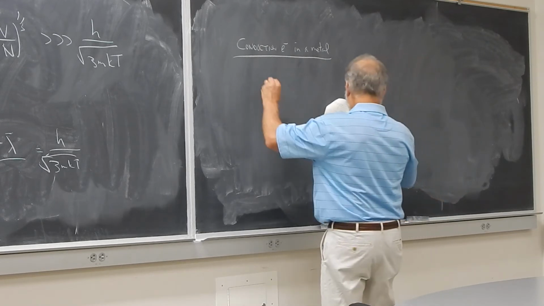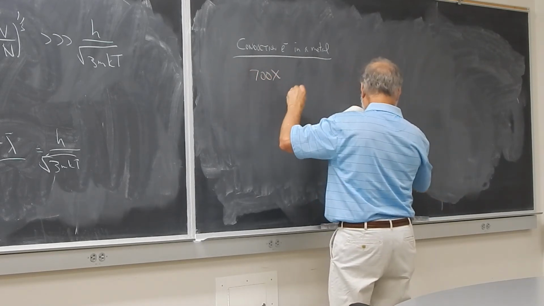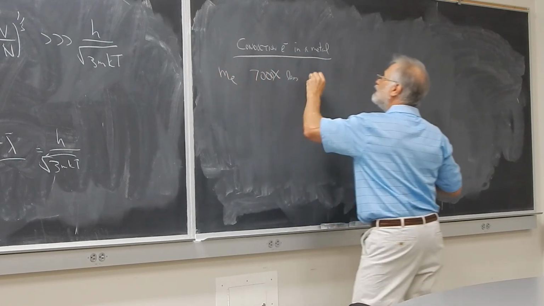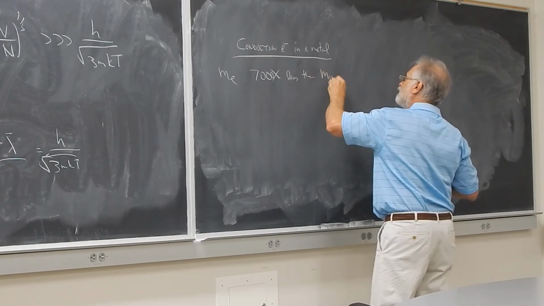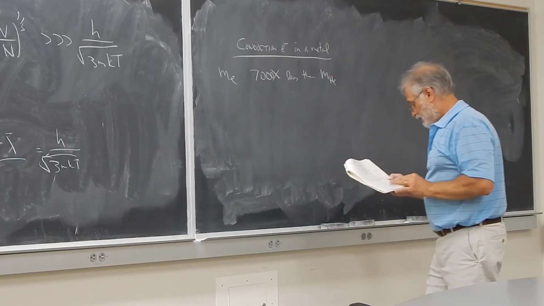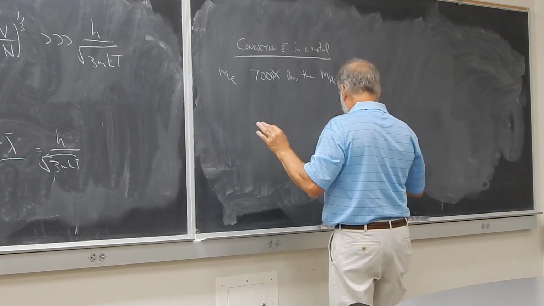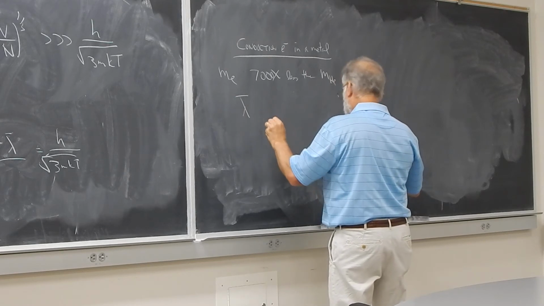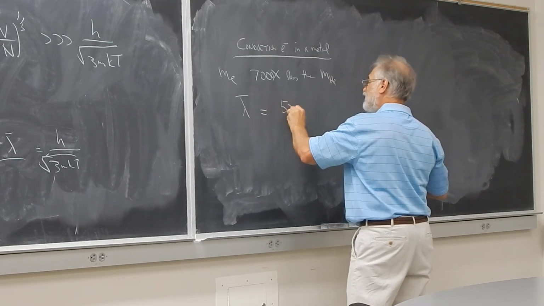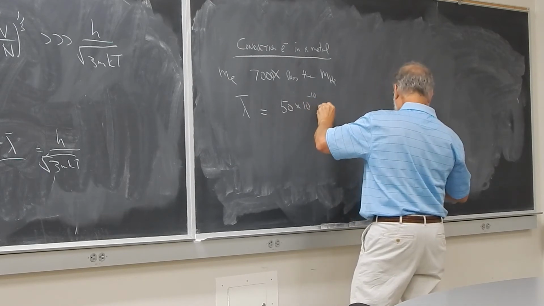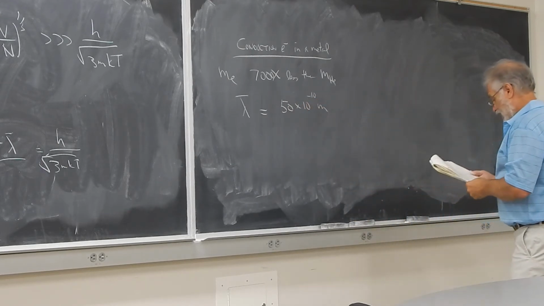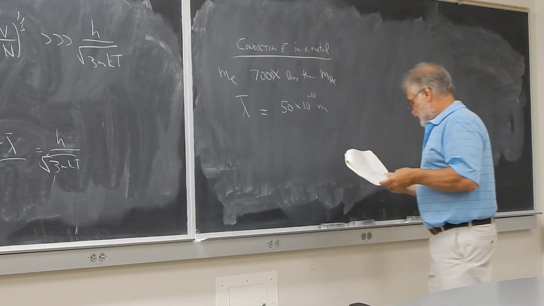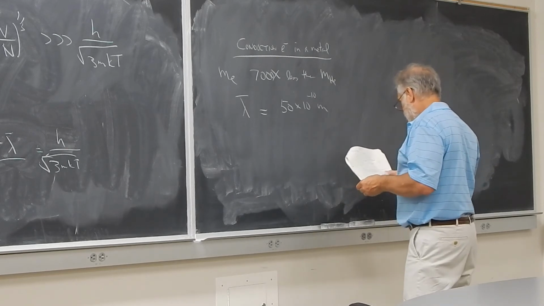So in this case, the mass of an electron is 7,000 times less than the mass of a helium atom. So that's a problem. More than that, if I want to calculate the de Broglie wavelength, it's going to be much longer. In fact, it's going to be something on the order of 50 times 10 to the minus 10 meters. If I look at a solid as one atom in a cube, side 2 times 10 to the minus 10 meters, notice what I have.